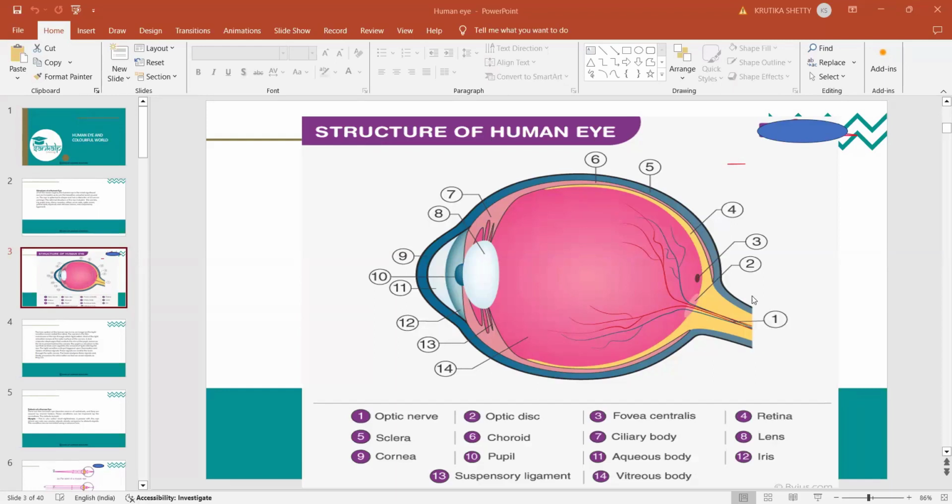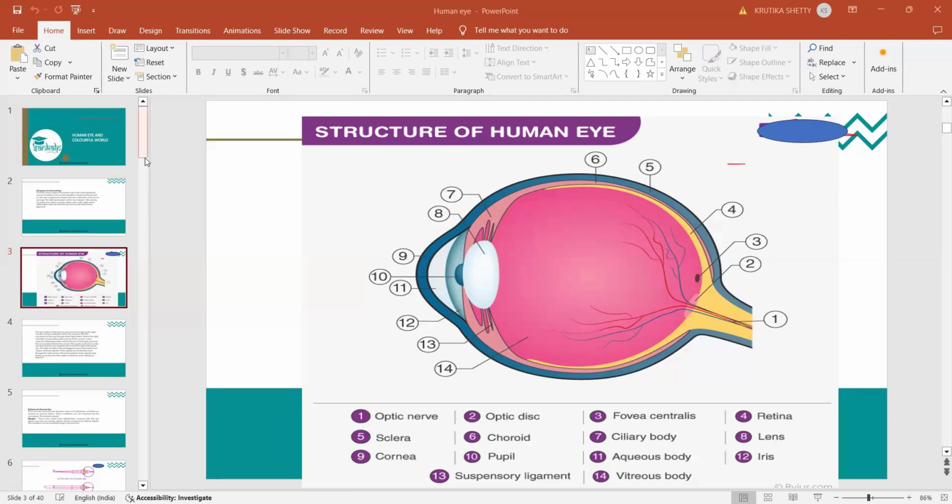Here the labeling is there, numbers 1, 2, 3 are given below with their parts, you can see. 1 is the optic nerve, here at the back side, 2 is the optic disc, 3 is the central, 4th is the retina, 5th is the sclera, 6th is the choroid, 7 is the ciliary muscles, you can see where the ciliary muscles are, 8th is the lens, 9 is the cornea, 10th is the pupil, 11th is the aqueous body, the 12th is the iris, the 13th is the suspensory ligament, and the 14th is the vitreous body. So these are the different parts of the eye.